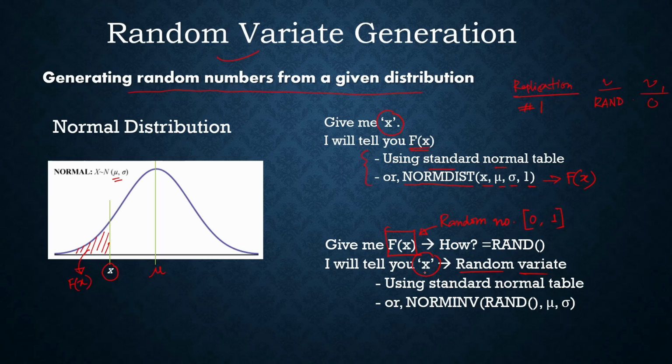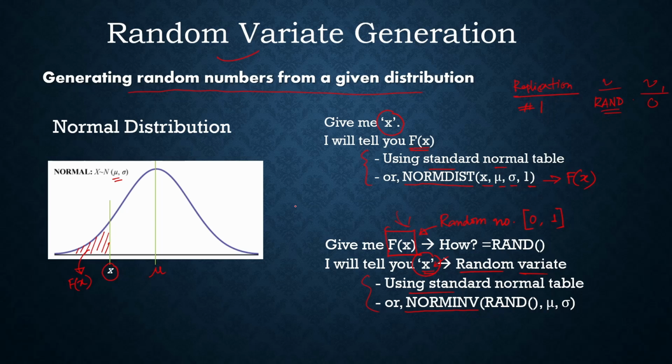So how to get that value? Using this X. That means this random number will give you the fx value, and from that fx value you will get the x value. So what is the method? Method is either using standard normal table or using the norm inverse formula.